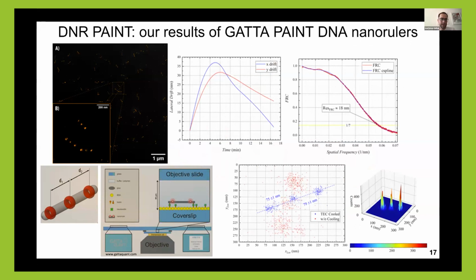And they are separated by 80 nanometers. So you can see on the left-hand side in figure A that we can definitely resolve those 3 dots separately. They are spaced 80 nanometers from each other. And the resolution that we can achieve with this sample, the FRC resolution, is around 18 nanometers.